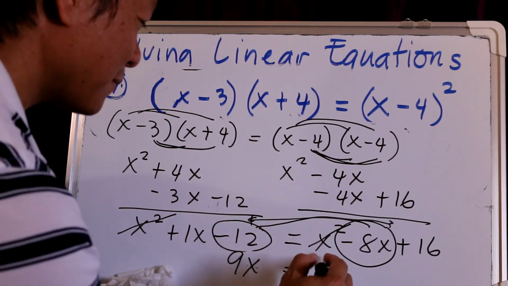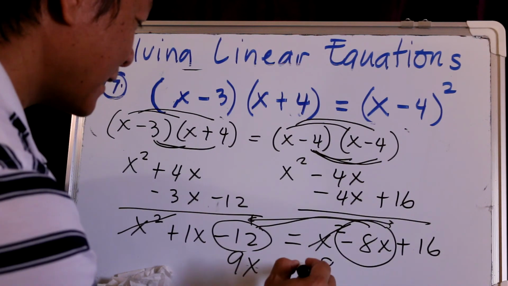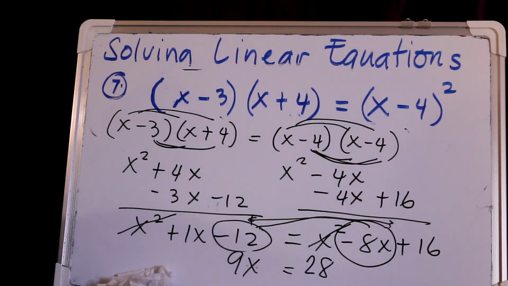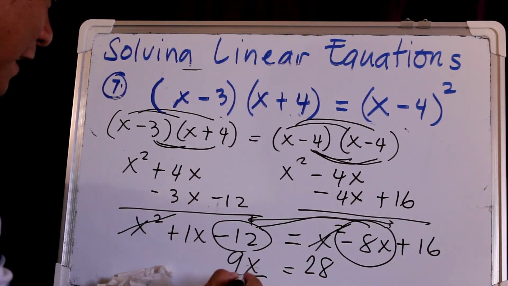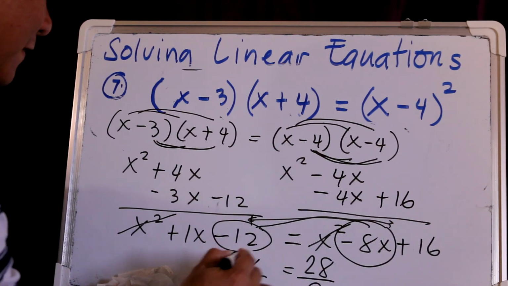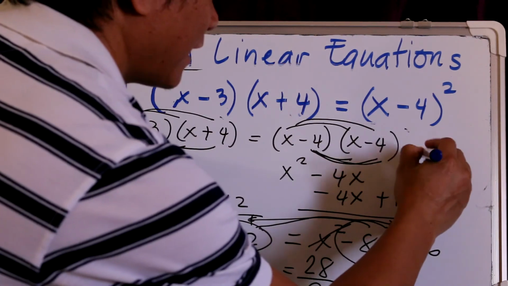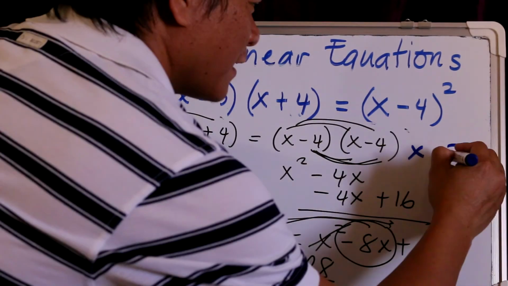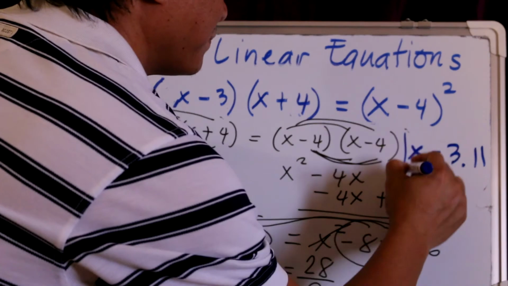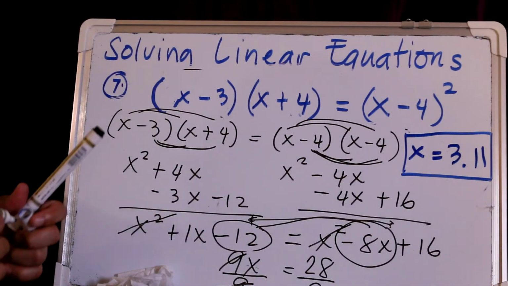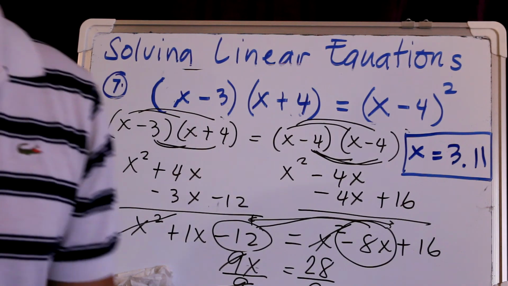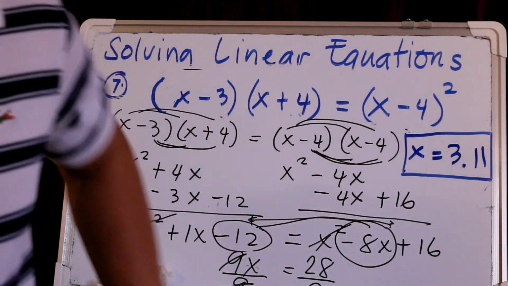So that becomes 9x equals 28. Okay, so divided by 9, our answer would be x is equal to 3.11. So our answer would be x is equal to 3.11.